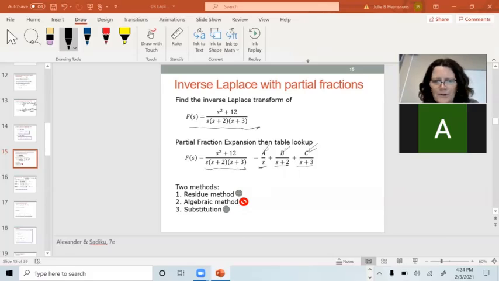Okay, so there are 3 methods we're going to talk about, some of them more than others. My favorite way to do these partial fraction expansions, because it's the easiest and you're less likely to make mistakes, is the residue method. It's quick. Once you know the formula, you can knock them out really fast. The algebraic method is in the slides, but I've been skipping over it for the past 3 years.